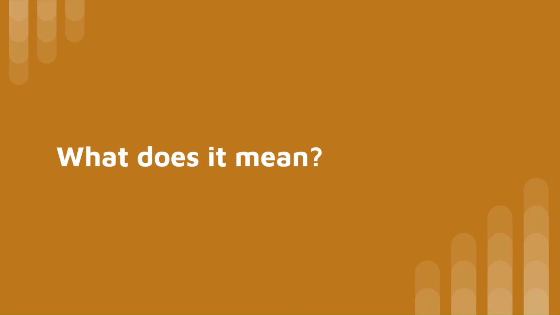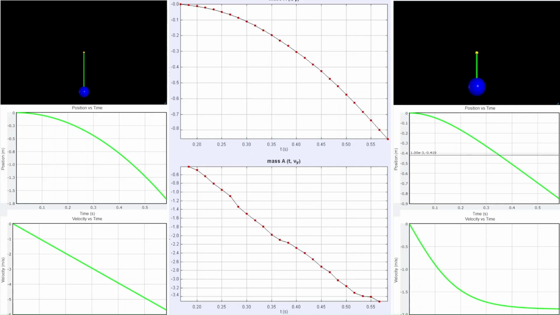So, what does this mean? Looking at these again, if we're looking at the velocity graph for the expected values of the ball with drag, we can see that it starts to bottom out.